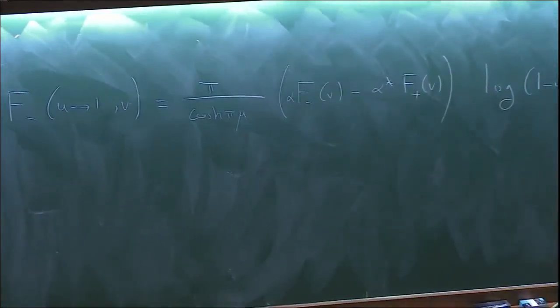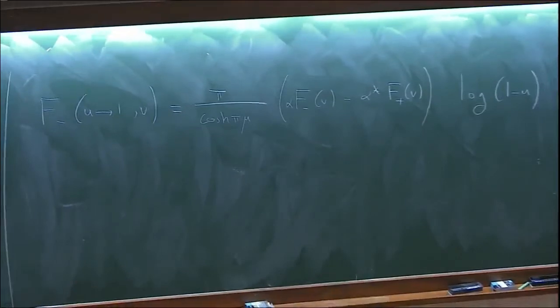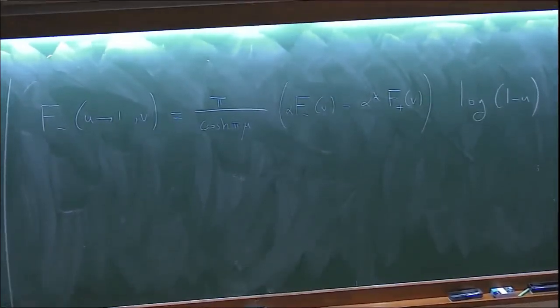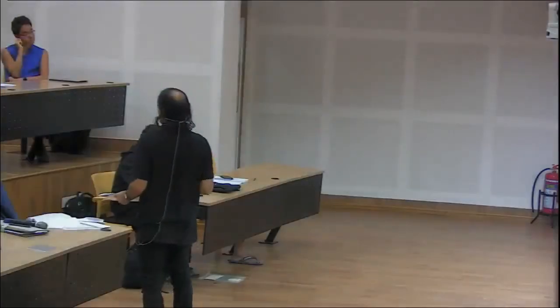So it has a logarithmic singularity as u goes to 1. Okay, so the solution that's analytic as u goes to 0 is not symmetric, and it has this funny singularity.